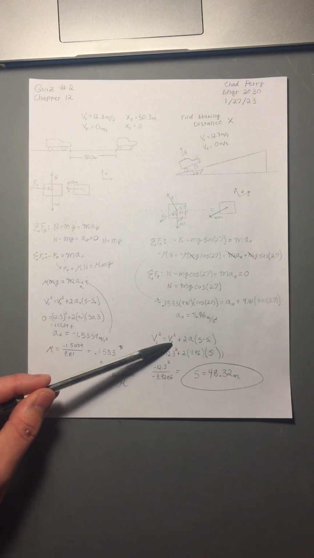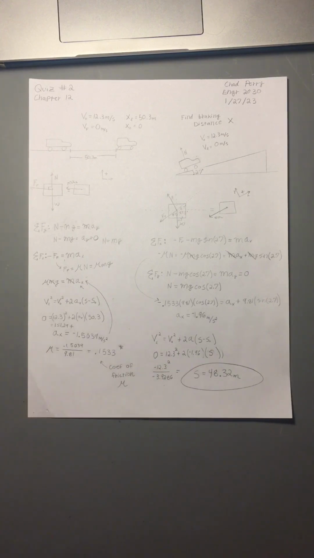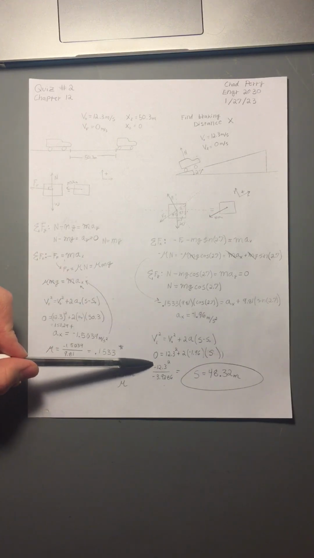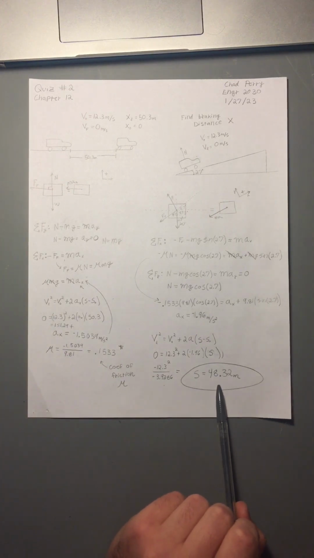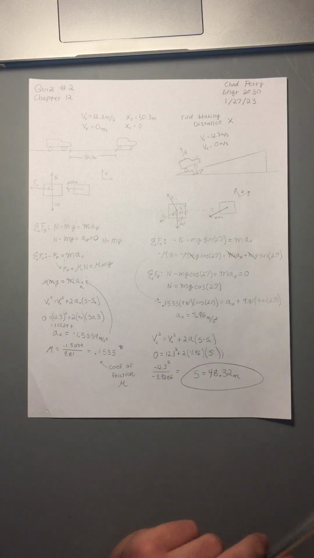The initial velocity was given, and our position is what we're trying to find. We plug in the acceleration that we found and solve this equation for our final position on the incline, and it comes to 48.32 meters. And so that's the answer for this question.